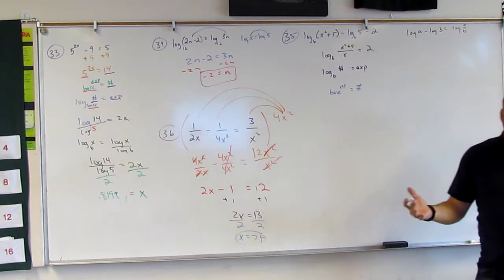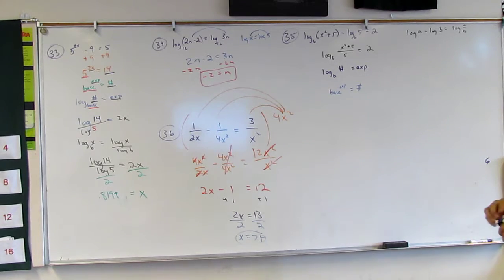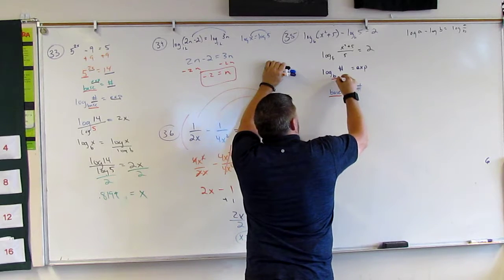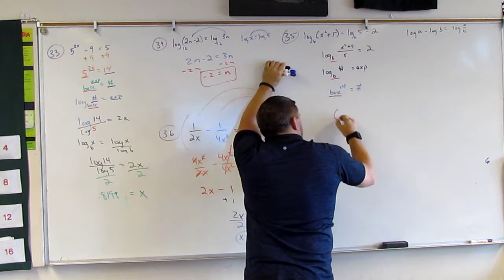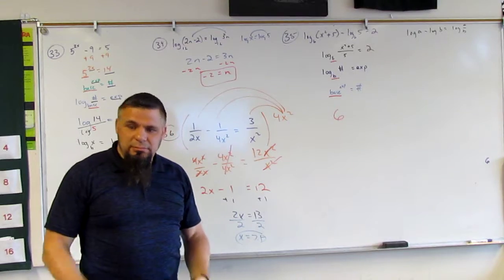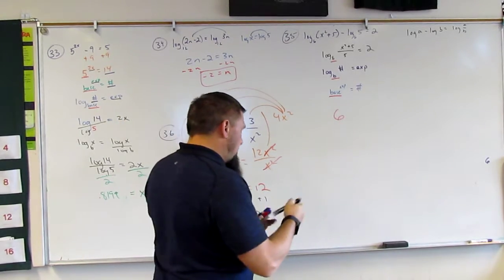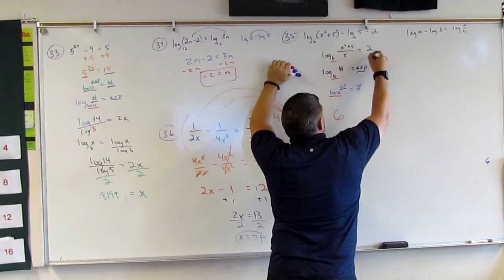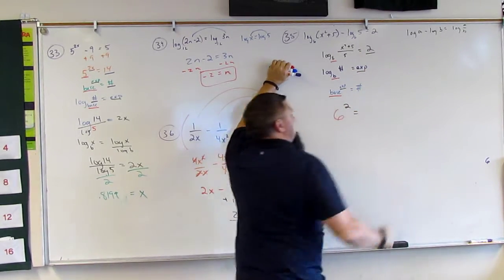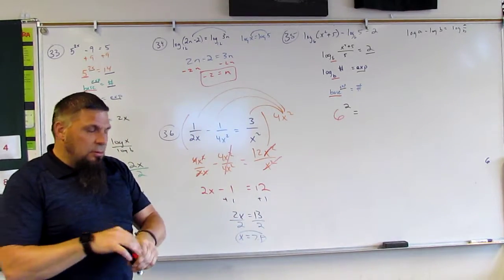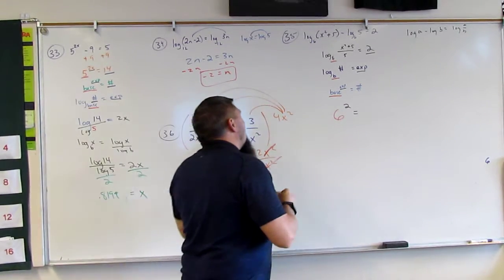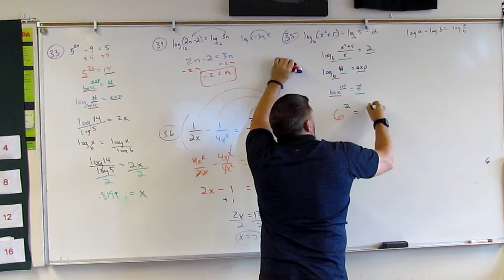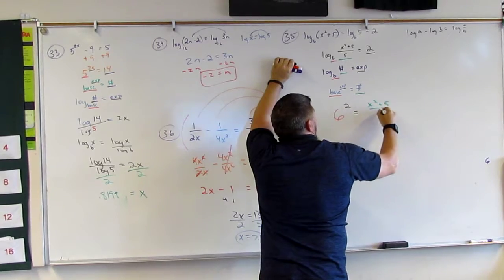That's it. So think about it. Base: 6. Exponent: 2. Number: x squared plus 5 over 5.